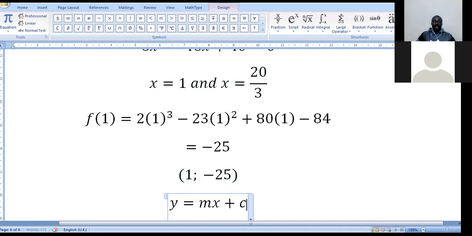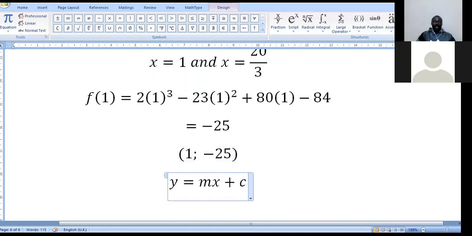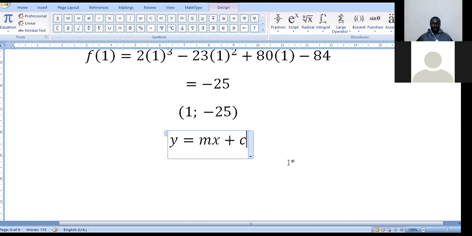Because they're talking about a tangent. A tangent is a straight line, and since it's a straight line, it will be in the form y equals mx plus c. That's what we are now dealing with.